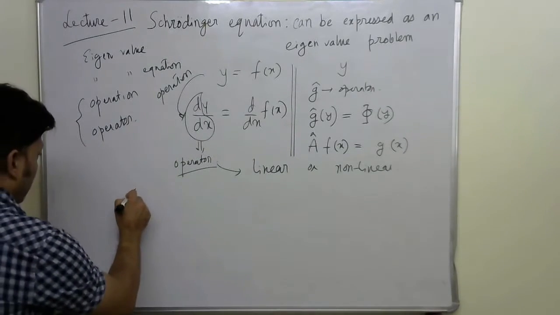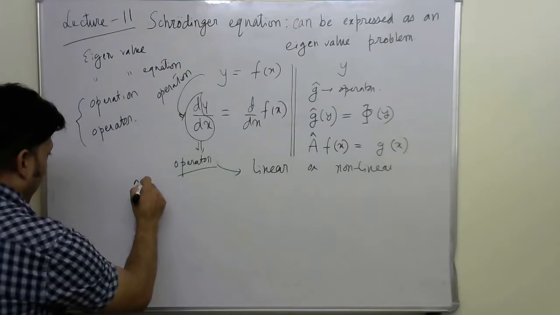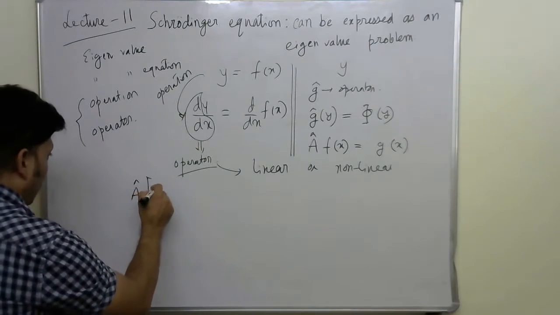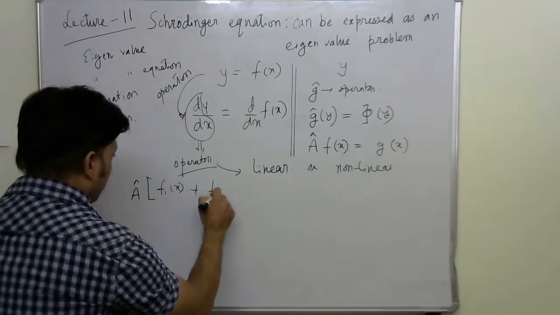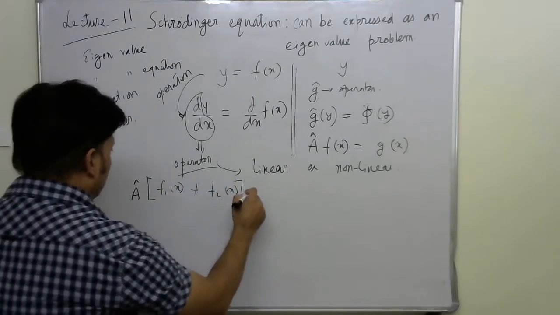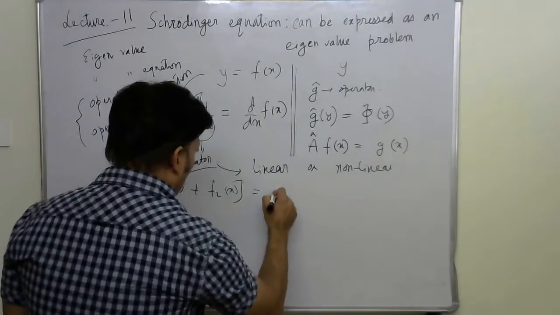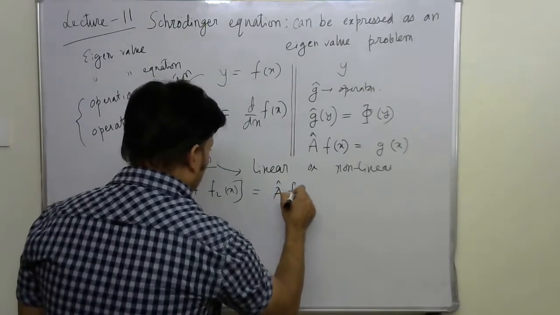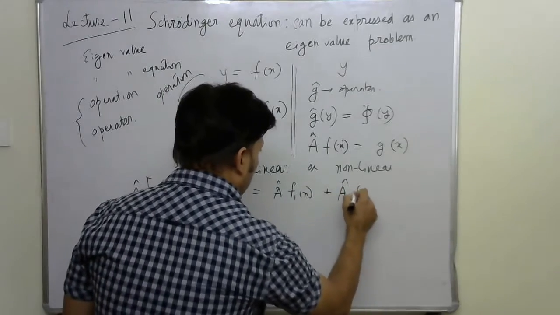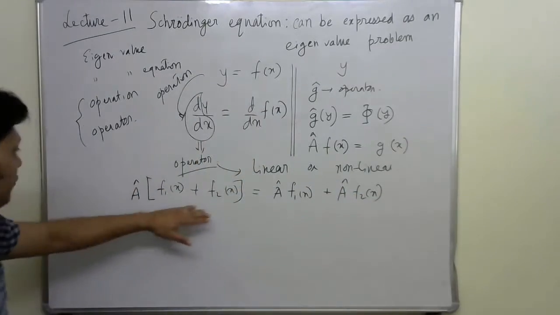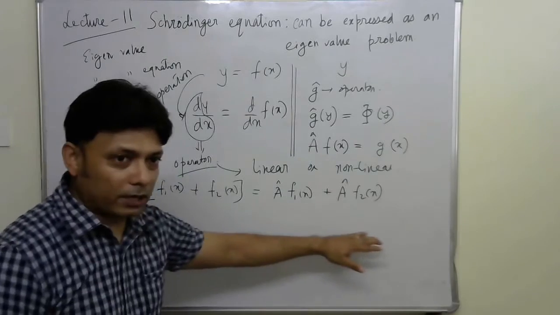Linear operator means suppose this operator A is working on these two functions, f1(x) plus f2(x), then as an outcome we can write individually this thing. That means the left hand side should be equal to the right hand side.